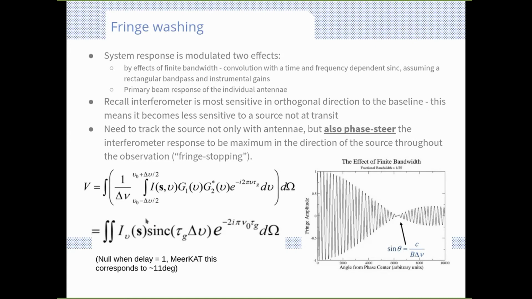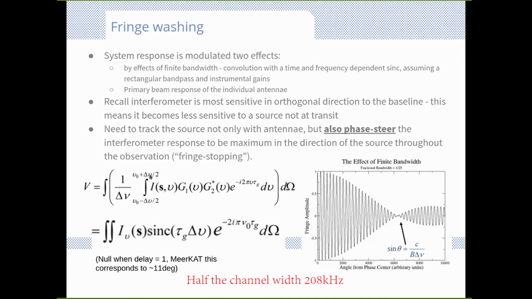If you recall the Fourier relationship between a box and the sinc, then what we're going to have is not only that our antenna itself modulates the brightness response of the system, we also have a modulation because of this integration interval that we have in time, and also in frequency over here, for instance, right? Delta nu is just half the effective bandwidth of the system, right?